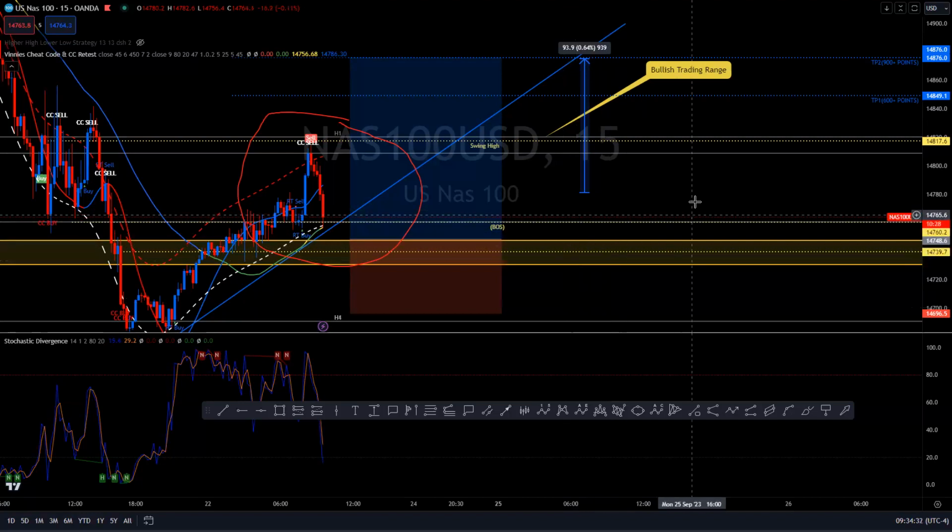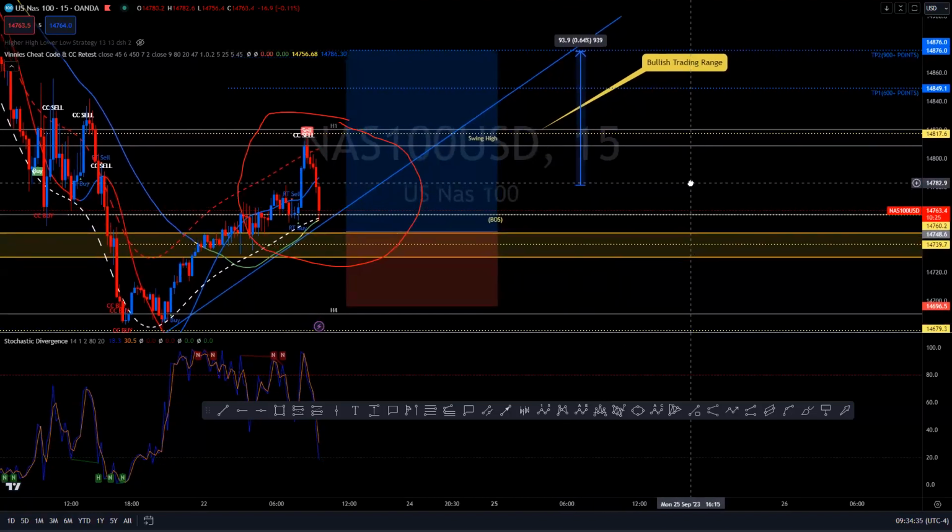So we're going to focus on price action. I feel like maybe it's going to be the best move.